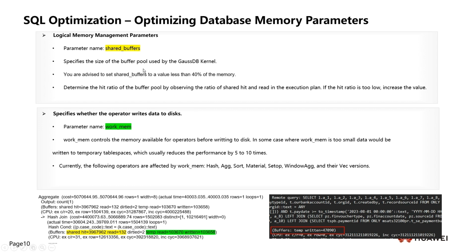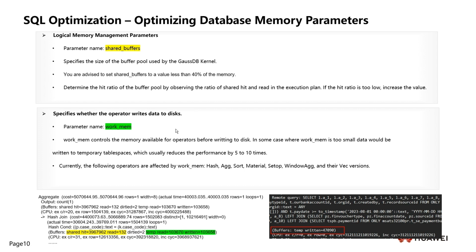We can increase or decrease this value based on our scenarios. For instance, for the query at the bottom, we have quite a lot of temp reads and writes to the disk, because the buffer pool is not large enough to fit all results.